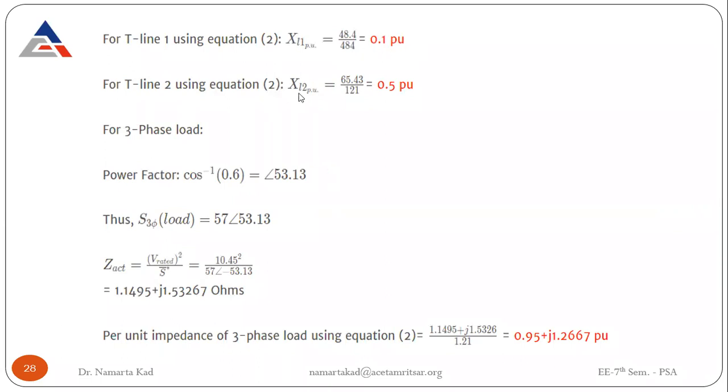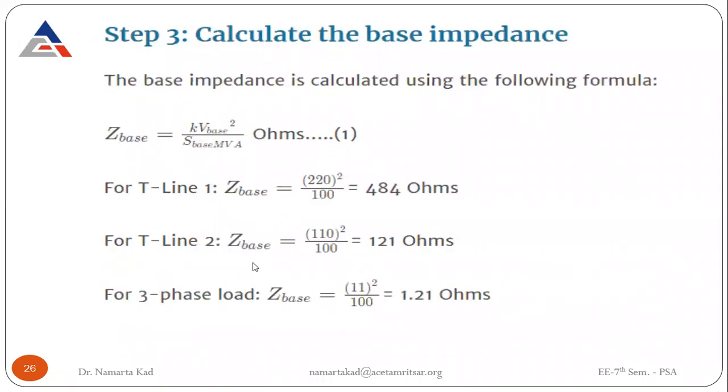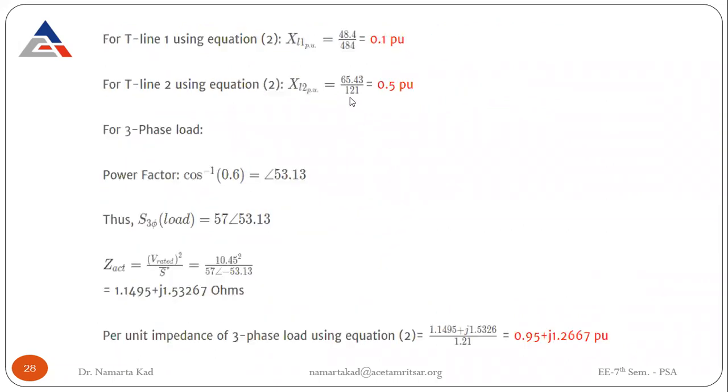Similarly for transmission line 2, the actual value given in the question is 65.43 and the calculated base value is 121. So 65.43 divided by 121 gives you 0.5 per unit. These are the per unit reactance values for transmission line 1 and transmission line 2.